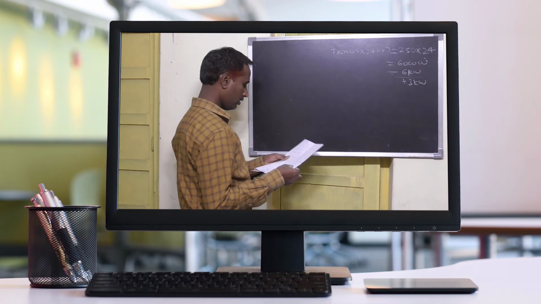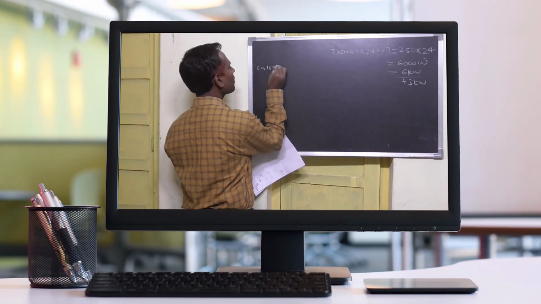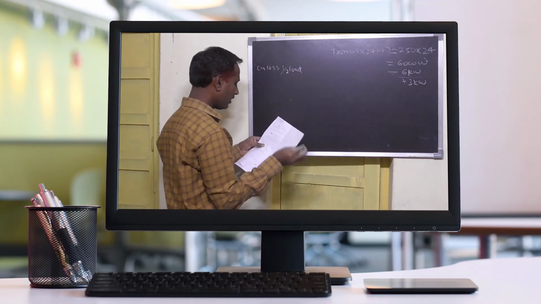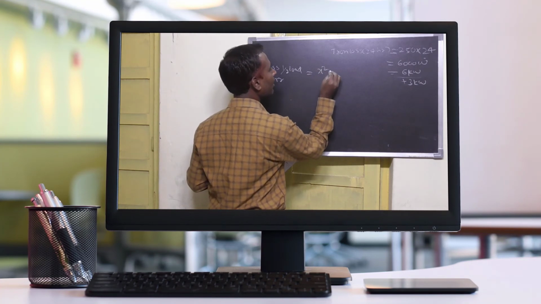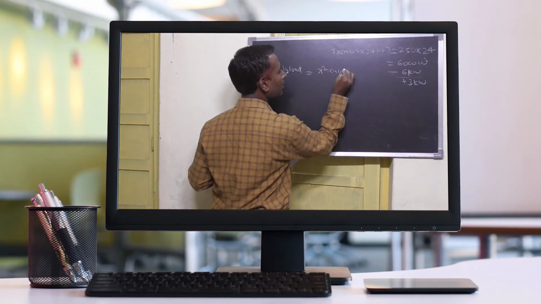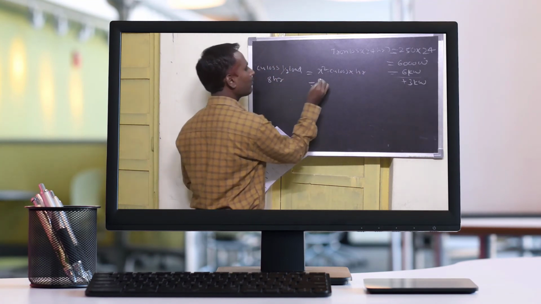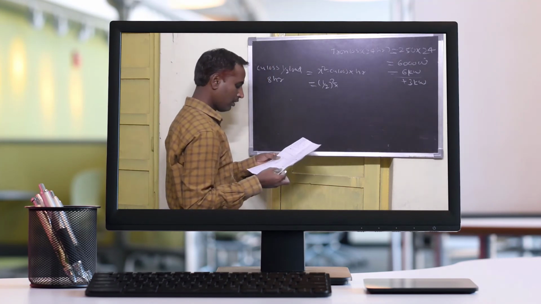Next, copper loss at half load. Timing is 8 hour. We know the formula: x square into copper loss into hour. Half load means 1 by 2 square. Copper loss given is 500.